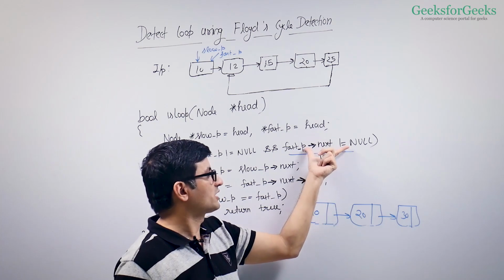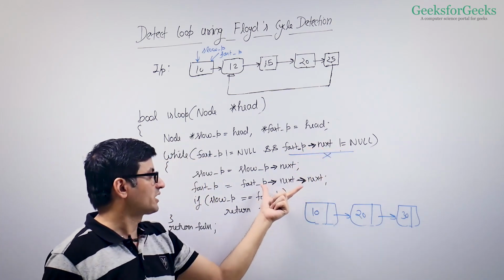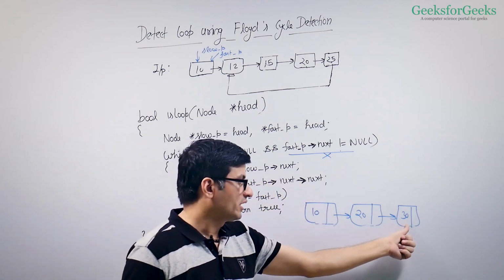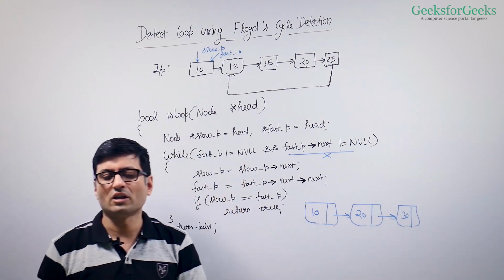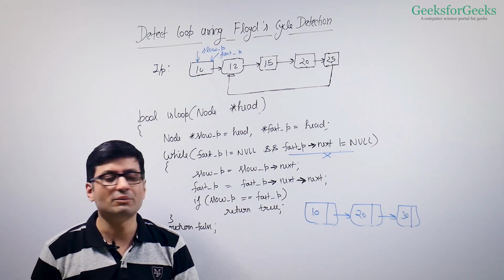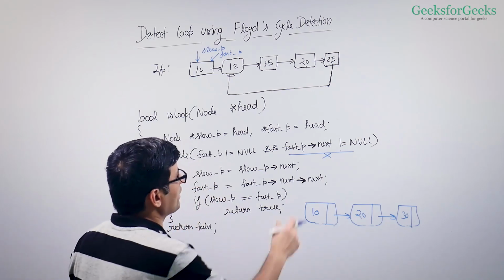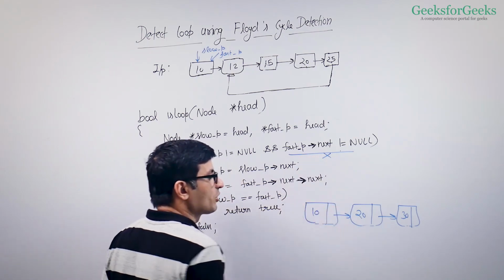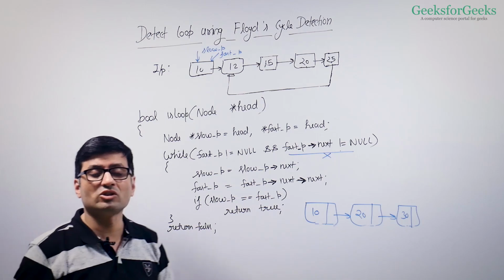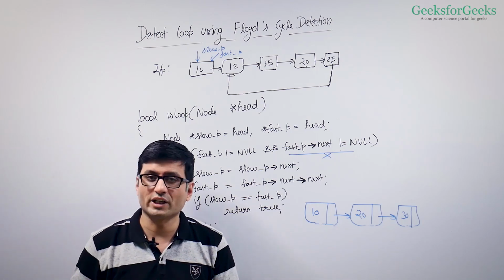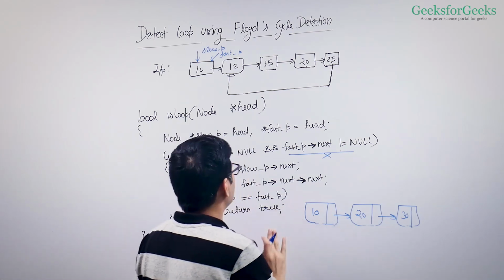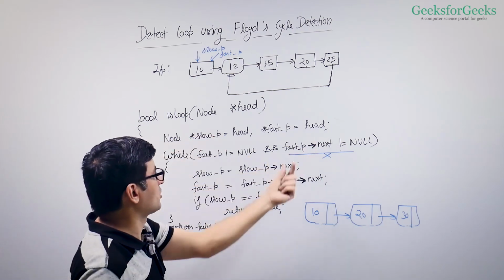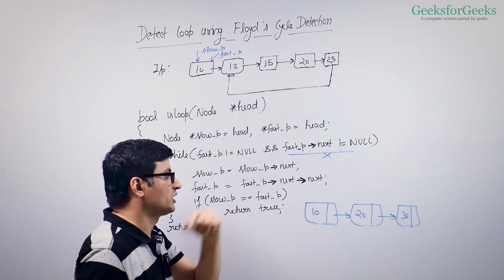Suppose you do not have this condition, and you will access fast arrow next, and fast arrow next is null arrow next, which will cause null pointer exception or runtime error, right? So that is why we need to have this condition, because our input linked list might be a linked list that does not contain the loop, because we need to figure out whether there is a loop or not. So to handle a normal linked list, we need to put this condition, because we are moving fast 2 positions ahead.